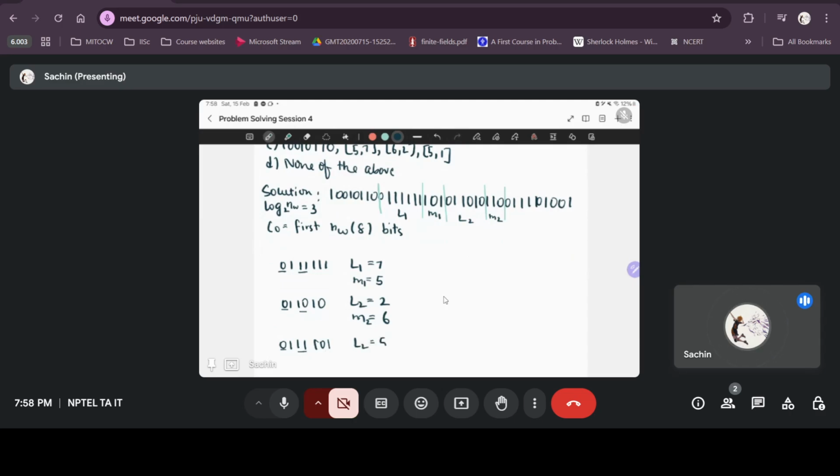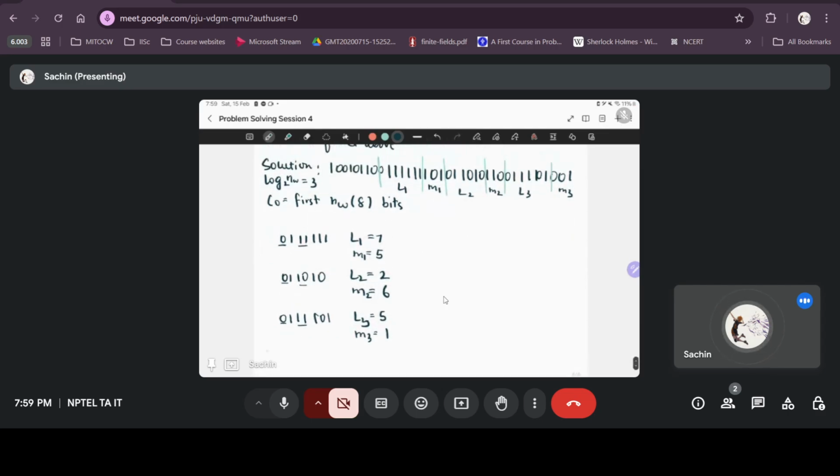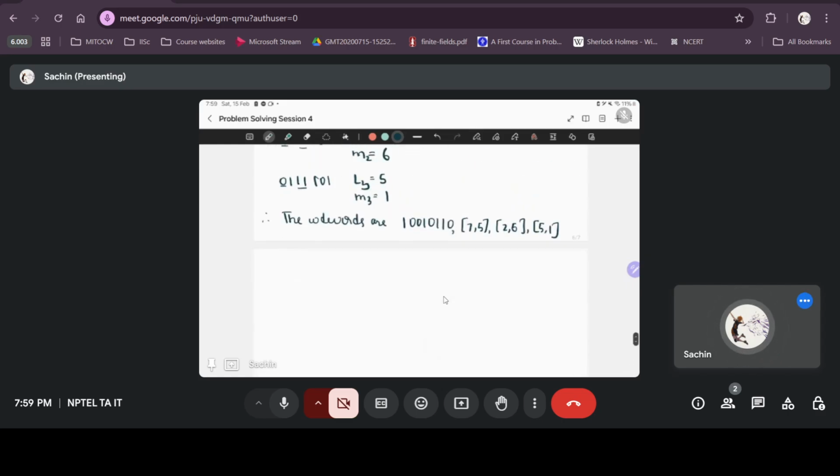So L3 is 5, M3 is the last three bits, which is 001, which is 1. Therefore, the code words are 100 10110 7 5 2 5 1 2 6 5 1, which is option A.